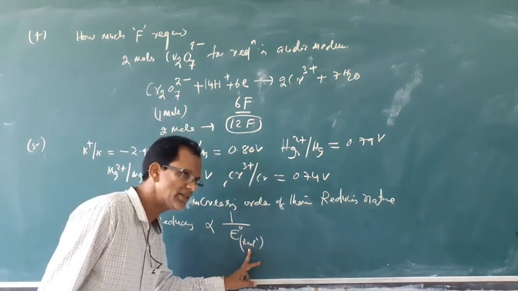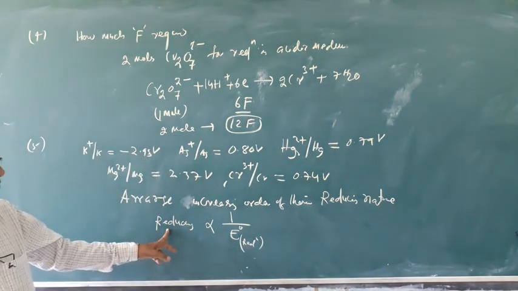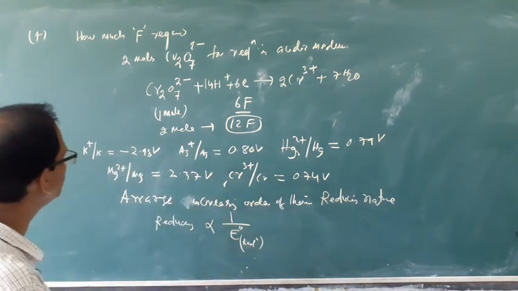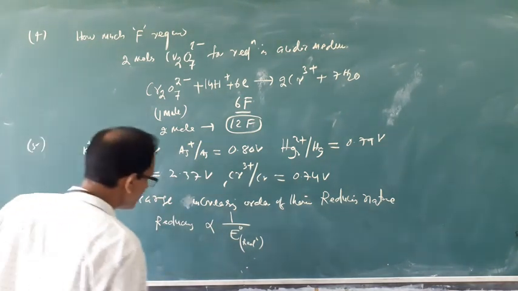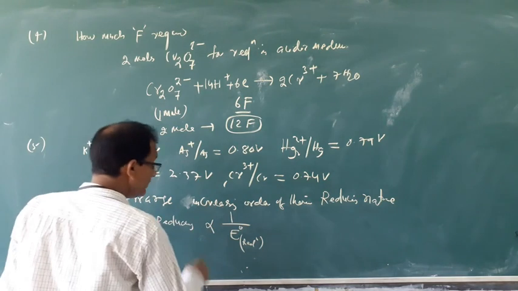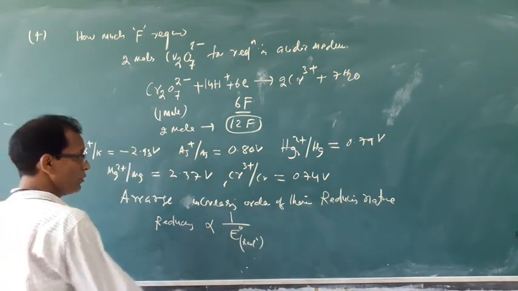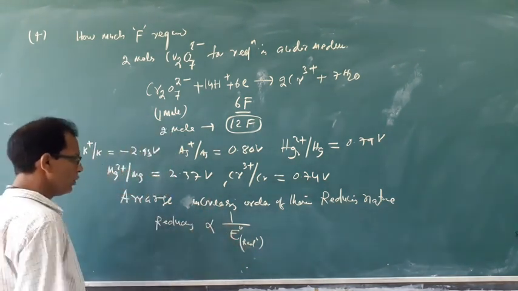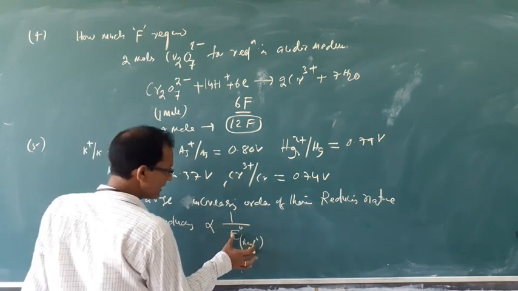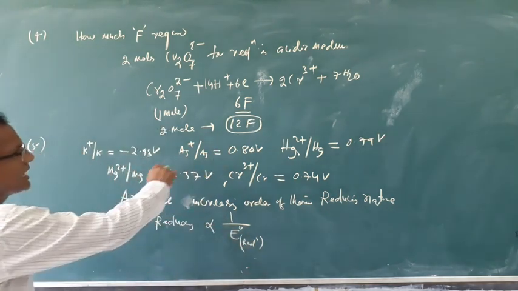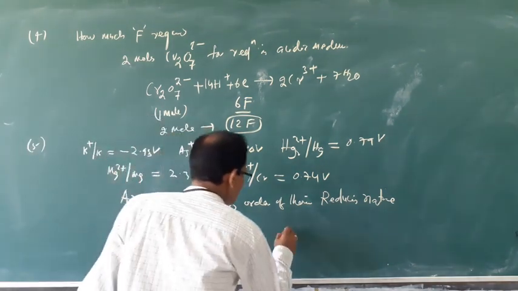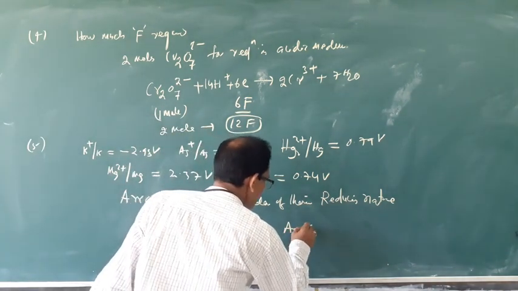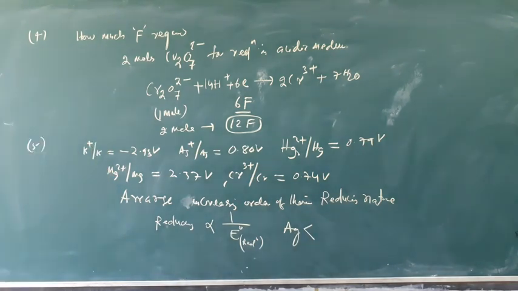High reduction potential means low reducing nature. So if you see the values, increasing order means which will be lowest, the one which has a high reduction potential. The answer is silver. First will be silver, low reducing nature.